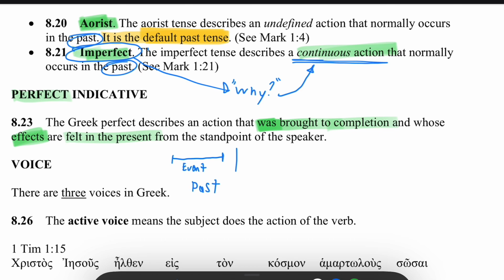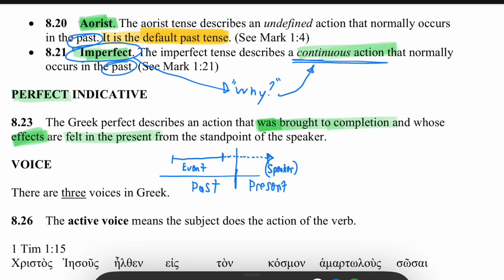And this is the past over here. And then the present is the effects felt into the perspective of the speaker. So something that was brought to completion, it happened.